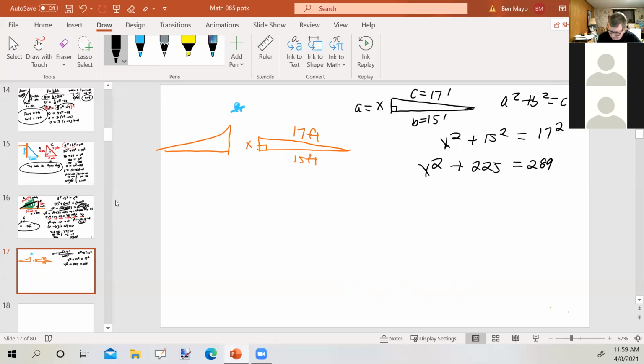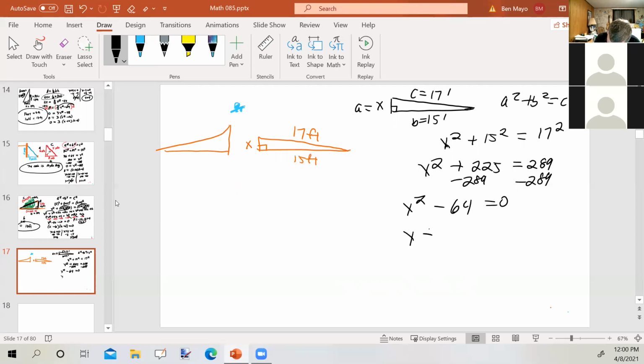All right. Any questions yet? So I'm going to put this in standard form. I'm going to subtract 289 from both sides, x squared minus, let's see, what's 225? 225 minus 289 is minus 64.